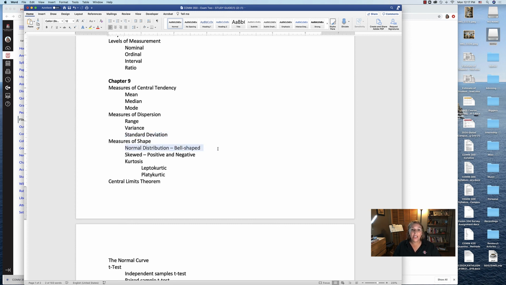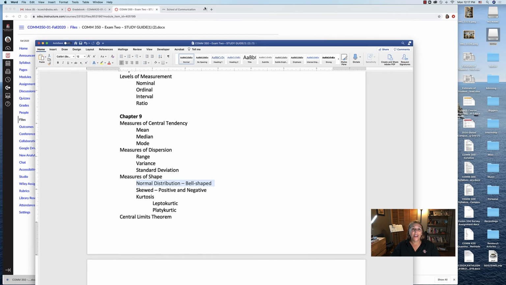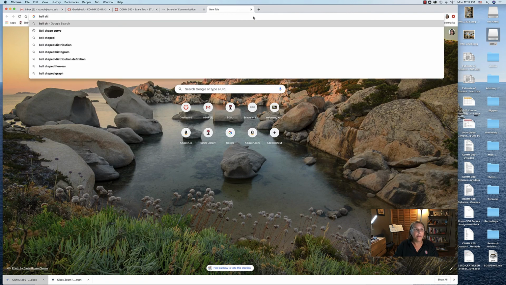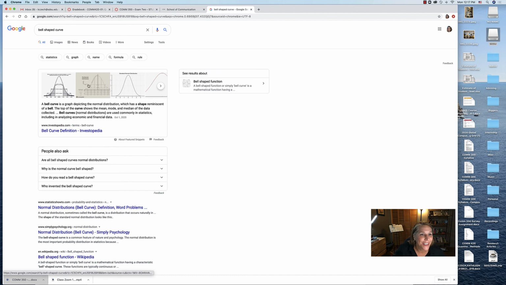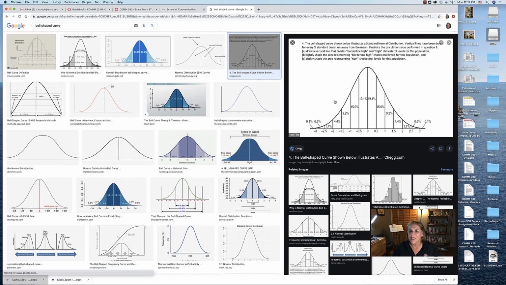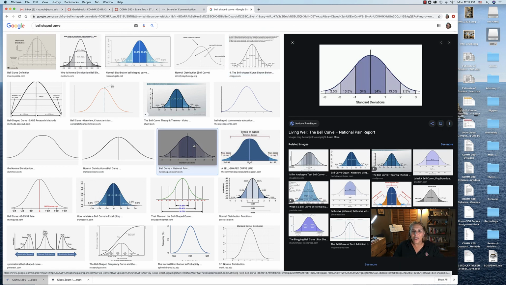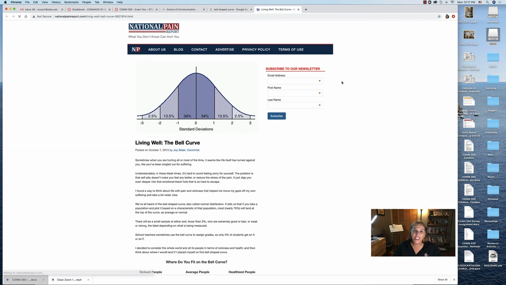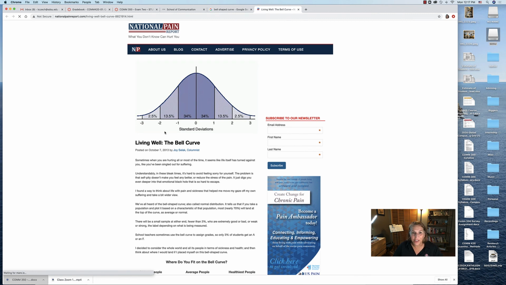Remember I said right at the beginning here, everything is based on the bell-shaped curve. So we want to look at everything in relation to the mean. Bell-shaped curve. Love the bell-shaped curve. Just picking up pretty much any picture works. This is a bell-shaped curve right there. What happened with standard deviation is it is the variance squared, and we made these areas under the curve and said, here's how we can tell where you are in relation to the mean or the mass.